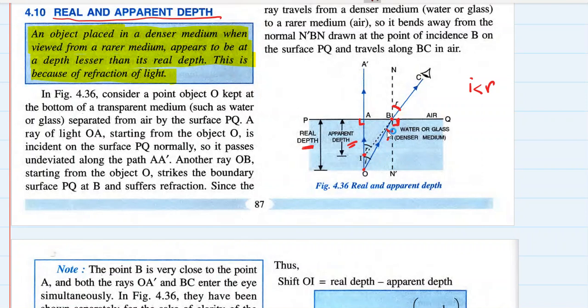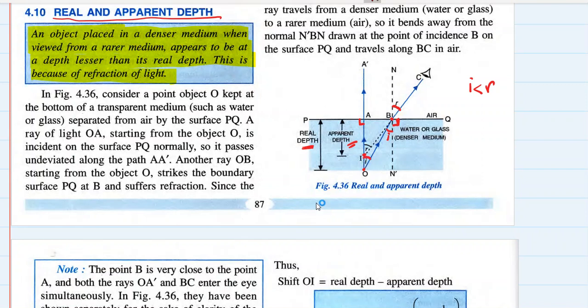So angle OBN dash is equal to angle AOB. Okay, so if angle OBN dash is I, angle AOB is also I. Why is it I?